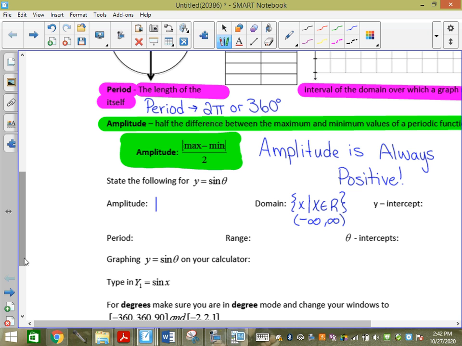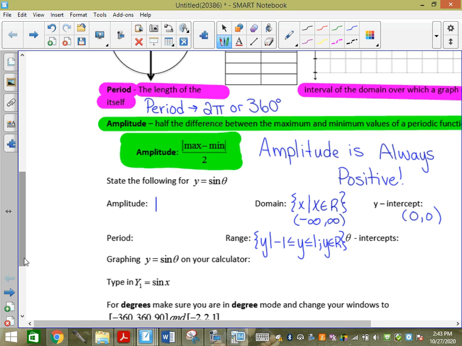What's the y-intercept of my sine function? That's my range. What's my y-intercept? My y-intercept is at 0, 0, and then my range is going to be -1 is less than or equal to y is less than or equal to 1.